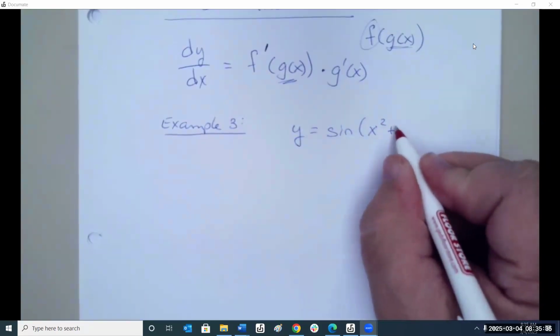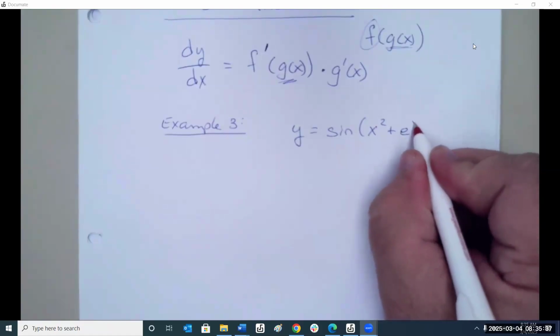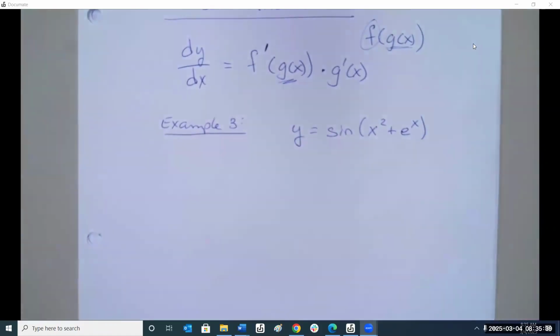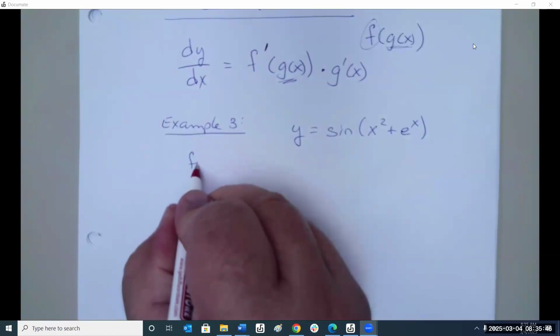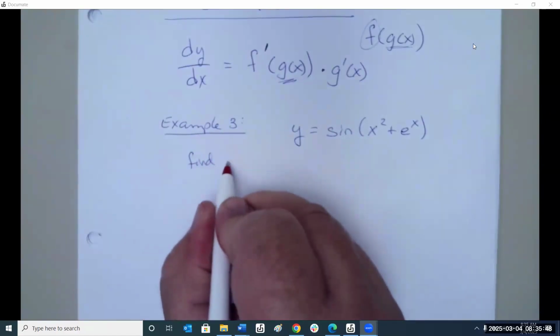Sine of x squared plus e to the x. Find the derivative, or differentiate.